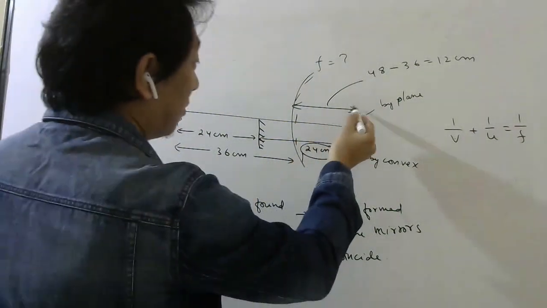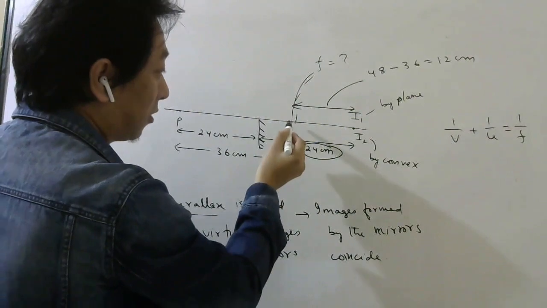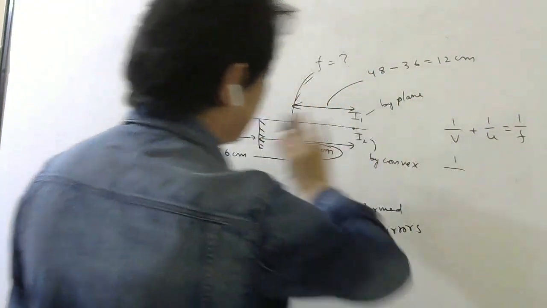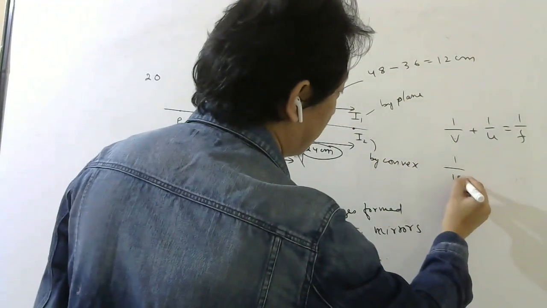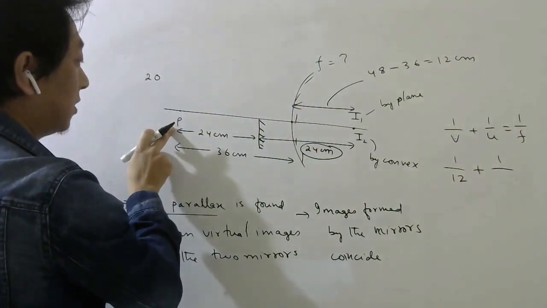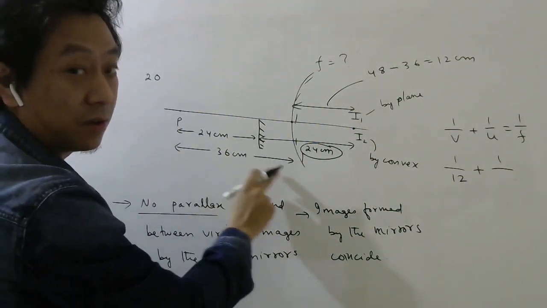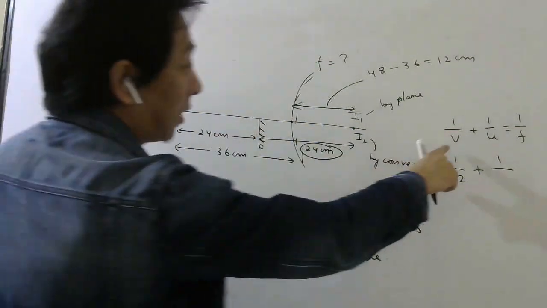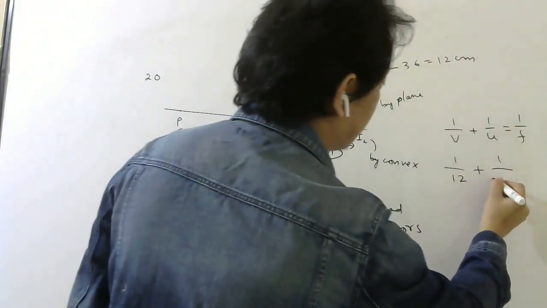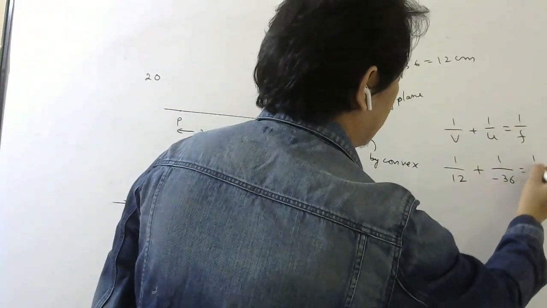So the distance of the image from the pole is how much? 12. Since it is on this side, I should write plus 12. The object distance is this side. The object is this, this is 36, remember. Don't use 24 because we are applying this formula for the convex mirror. So minus 36 equals 1 by f.